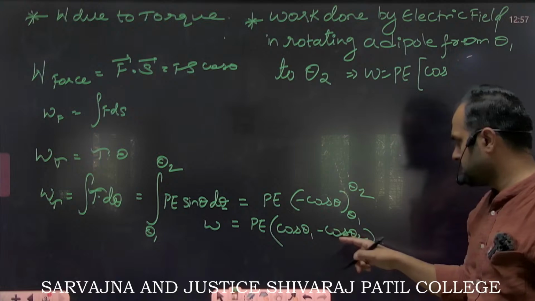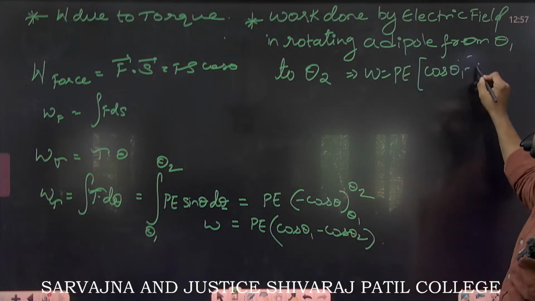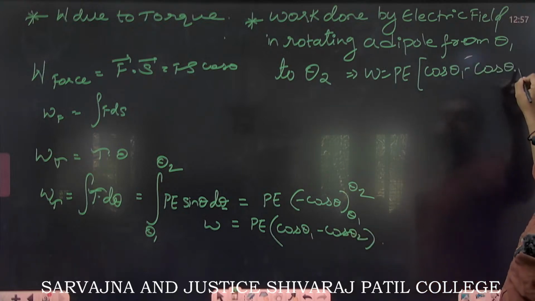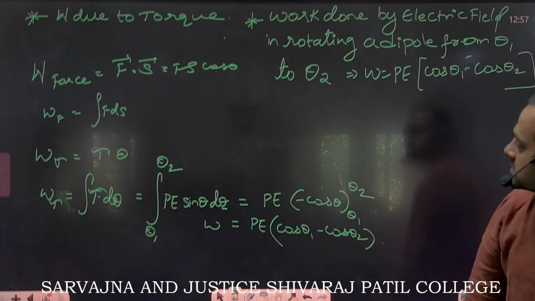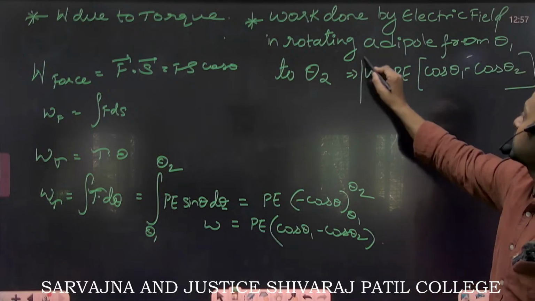We get theta 1 minus, so work done is equal to cos.